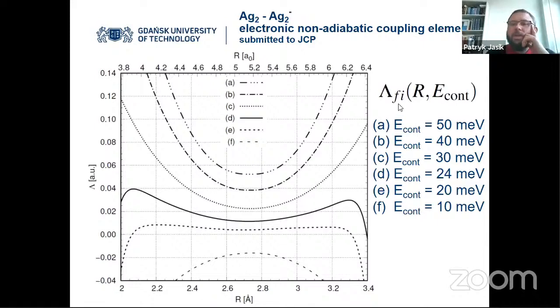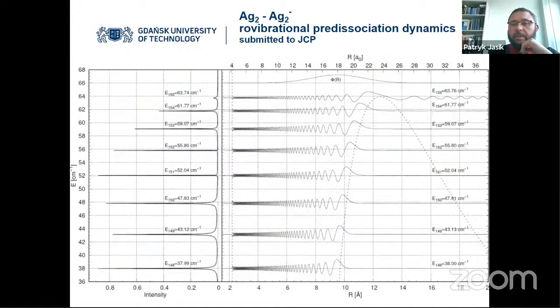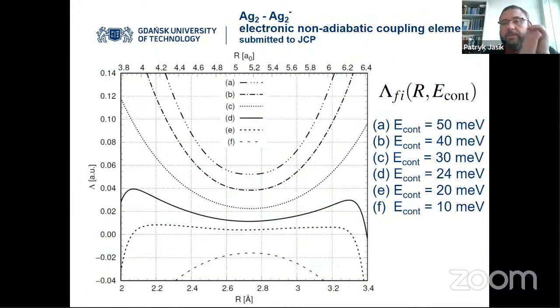So lambda Fi are non-adiabatic couplings between the ground state of the molecular anion and the ground state of the silver dimer with the ejected electron.